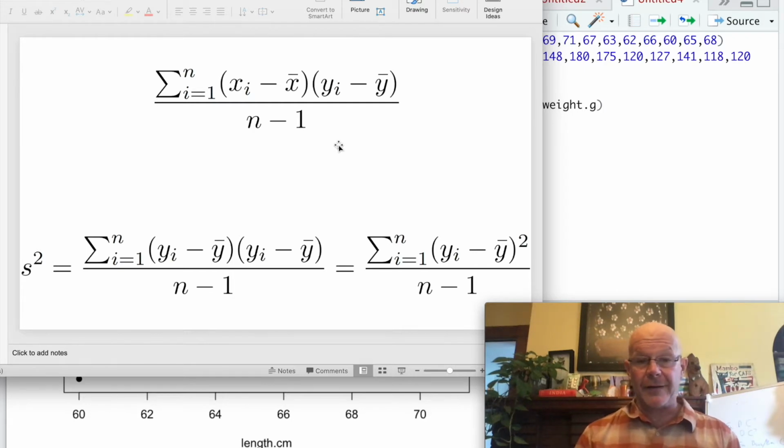So unlike variance, which is always positive, covariance can be both negative and positive.